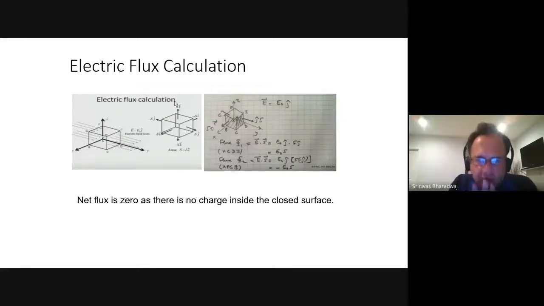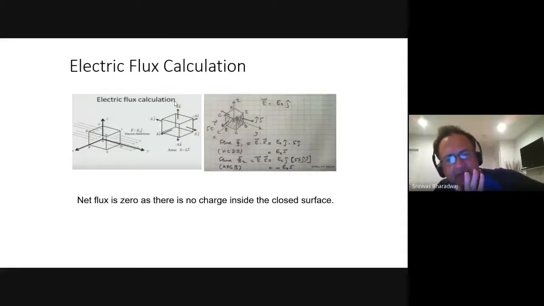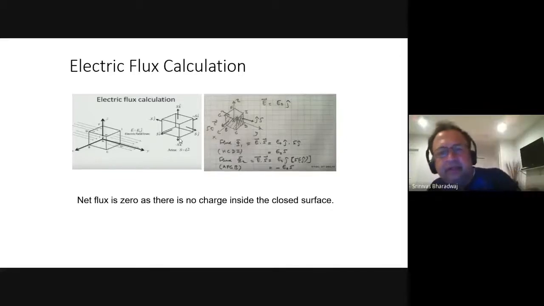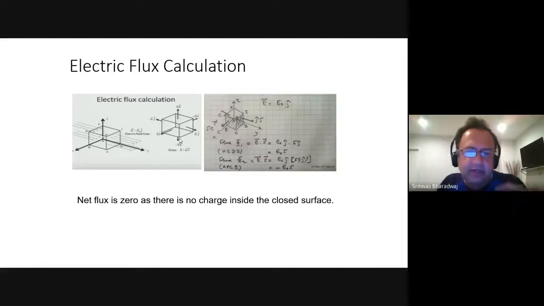If it is on the XZ plane, the perpendicular will be along the negative Y. Similarly for this one, the perpendicular is positive j. This is along the positive Y axis, therefore it is positive j. So the other one is minus S i, this one is plus S i.